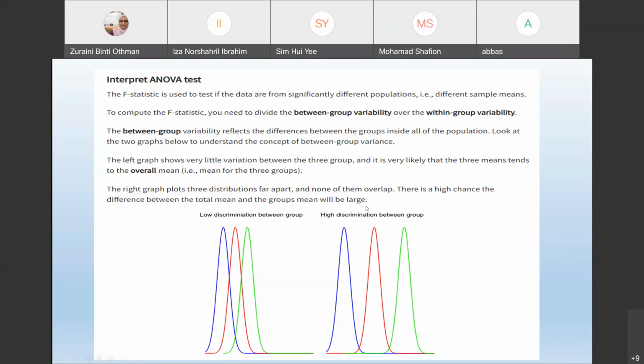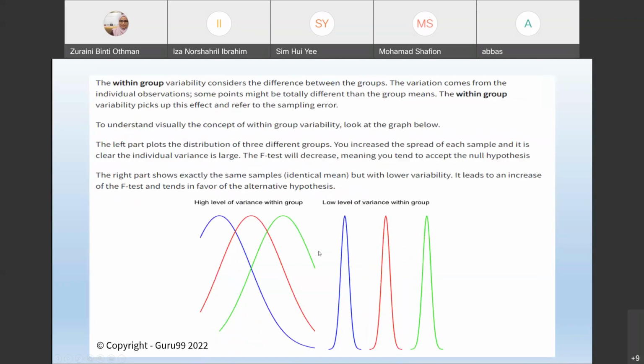Then on the right, none of them overlap, so there is a high chance the difference between the total mean and the group means will be large, because these three means are quite different. This is where between-group variability is low for the F test, and this is for high F test.